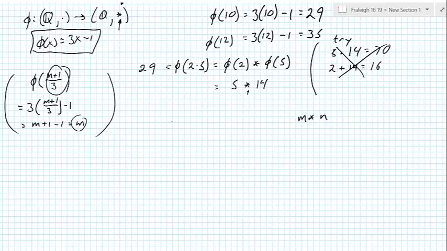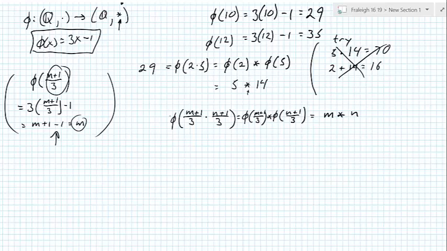So I'm going to consider phi of (m plus 1 over 3) times (n plus 1 over 3). Well, if this is an isomorphism, that should be phi of (m plus 1 over 3) starred with phi of (n plus 1 over 3), which, as I've shown over here in the scratch work, is just m star n.